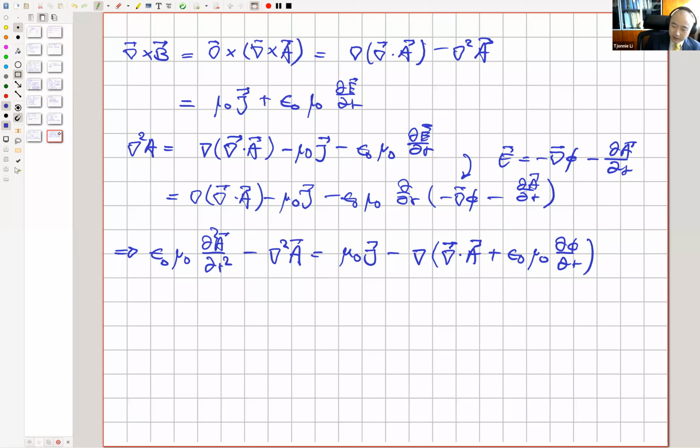Anyone want to take a crack at this? What would be a good choice for the divergence of A?